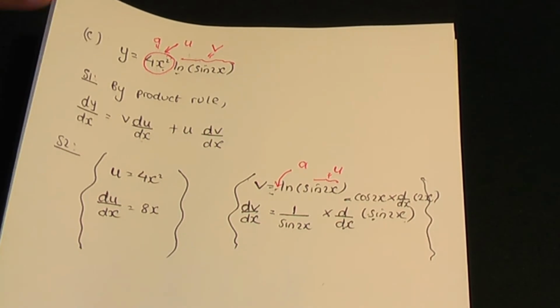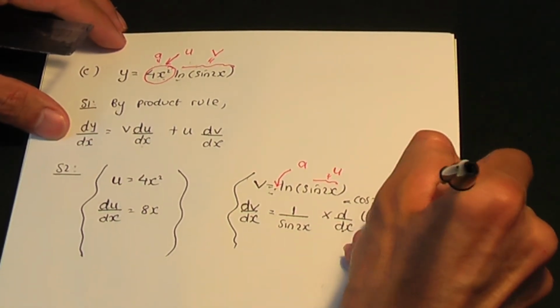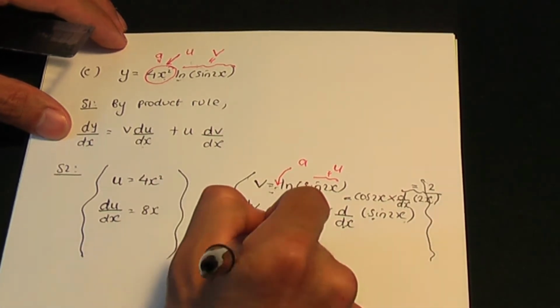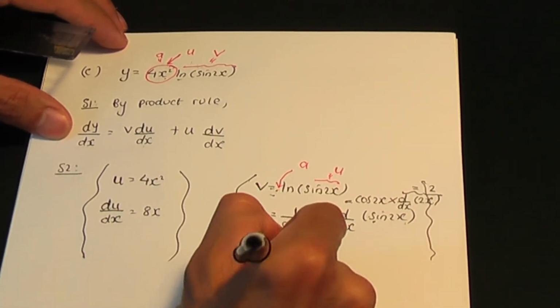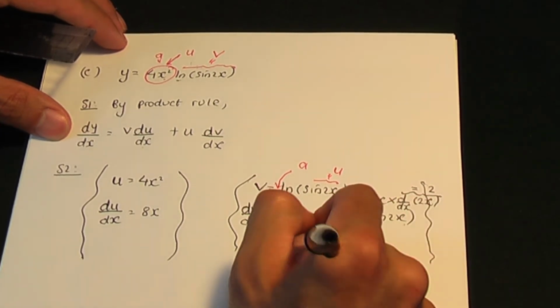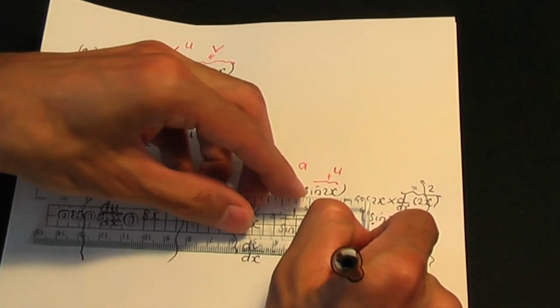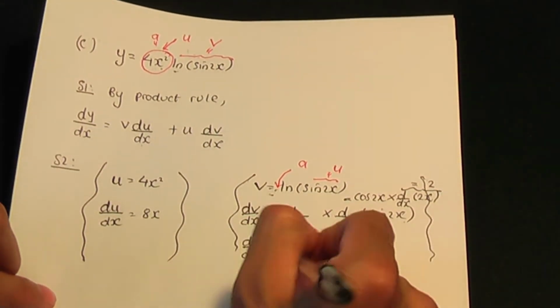Okay? Further to that, d by dx of 2x is 2. So dv over dx, when we simplify this, we're going to have 2 cos 2x, divided by the sine 2x term here.